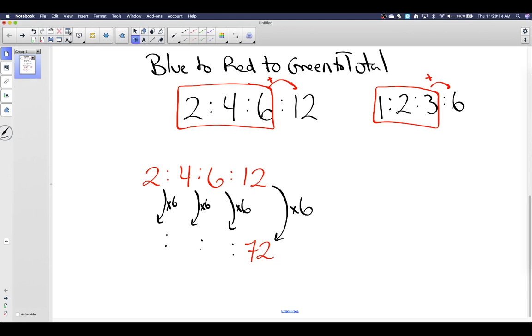And that gives me 2 times 6 is 12, 4 times 6 is 24, and 6 times 6 is 32. Okay, I still have the same ratio, still the same comparison, still the same proportion between all of my marbles, and now there would be 12 blue, 24 red, and 36 green. If you do look at them, 24 plus 36 gives me 60, plus 12 is 72, so it still adds up to the total number of marbles that we're supposed to have in the bag.